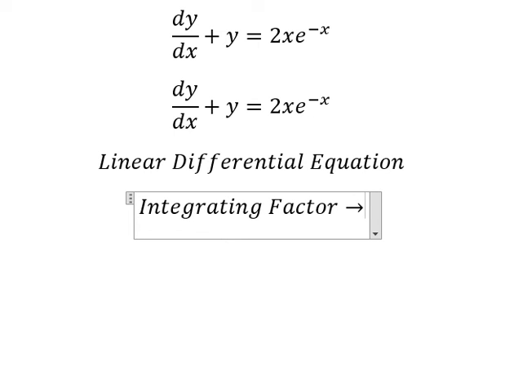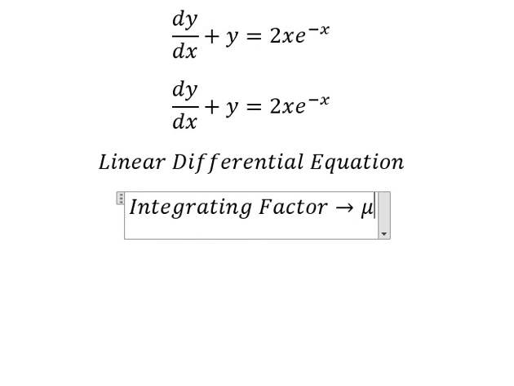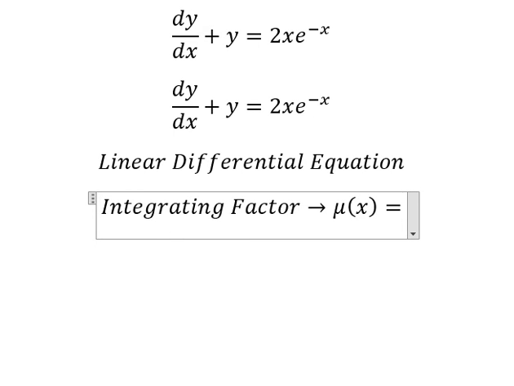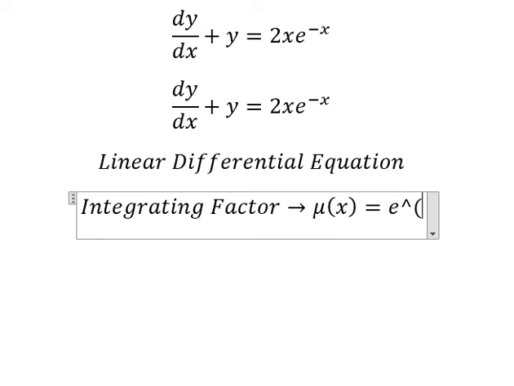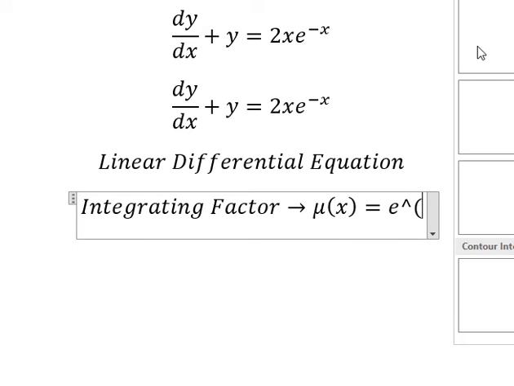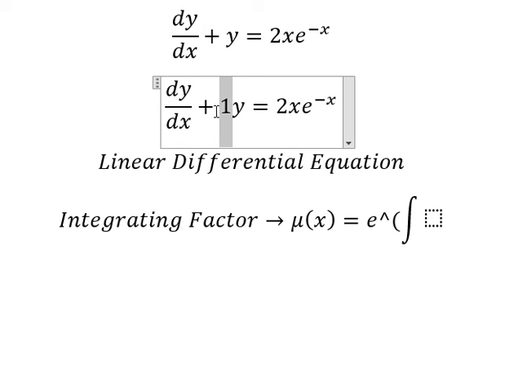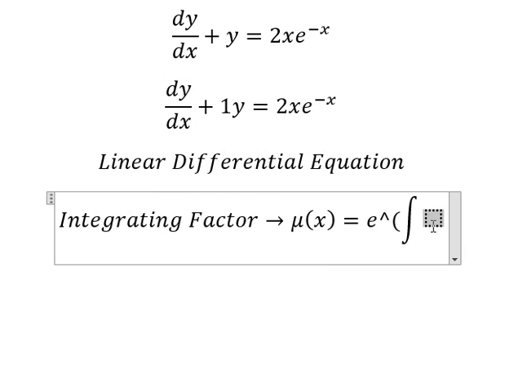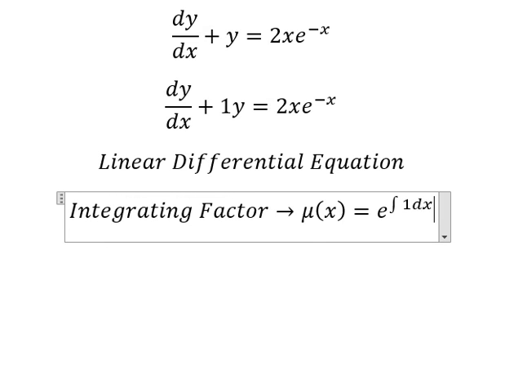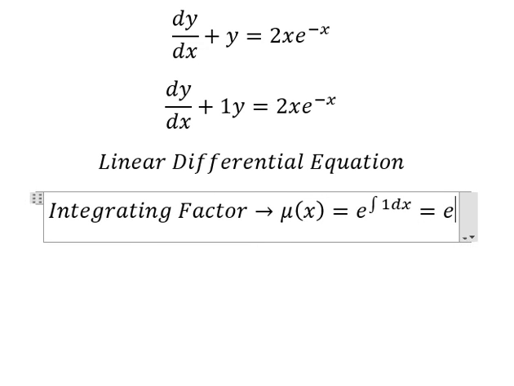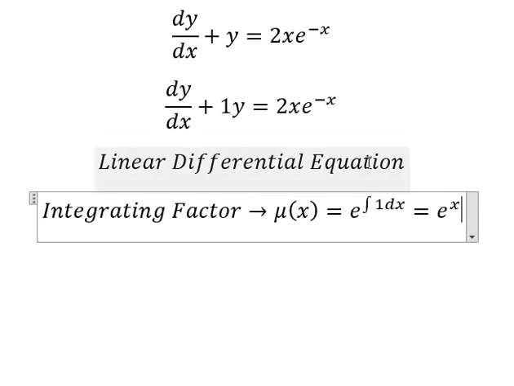So we need to find mu of s equals e to the power of the integration. So we see that next to y that's e about number 1, and we need to know that positive number 1. This is for the integrating factor, so we put this one here, and we have e to the power of s.